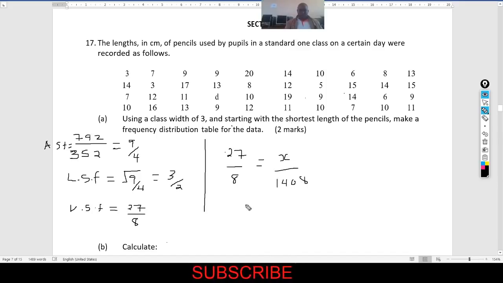Now we cross multiply, so 8x gives us 27 times 1408. So we divide by 8 to get x.